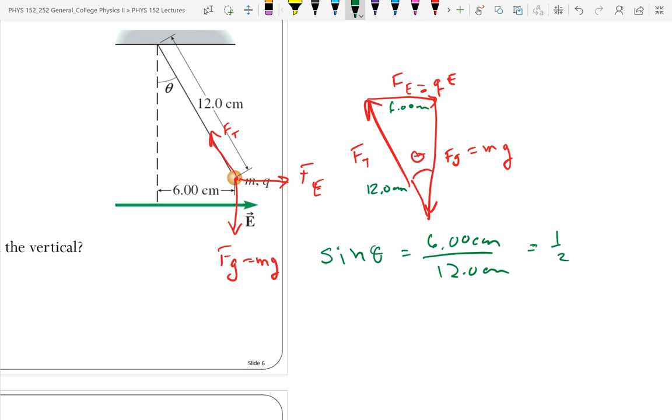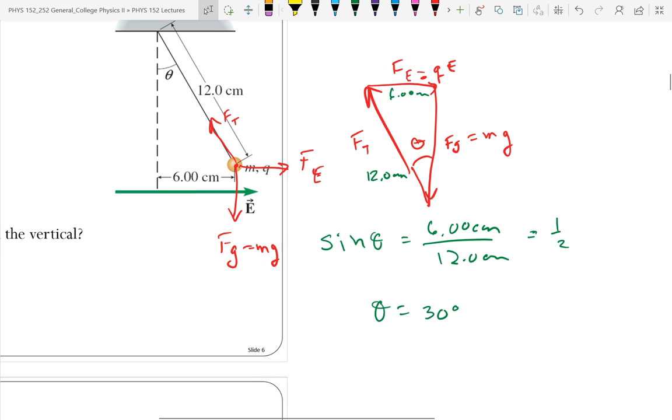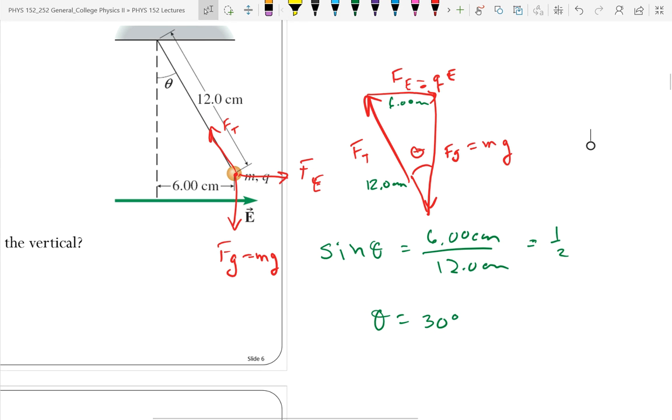And from that, I can find the angle is 30 degrees. And then what's my relationship between electric force and gravitational force? Using trigonometry, as Edward said.